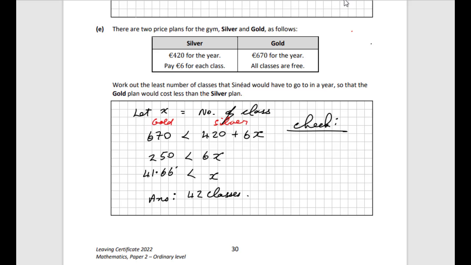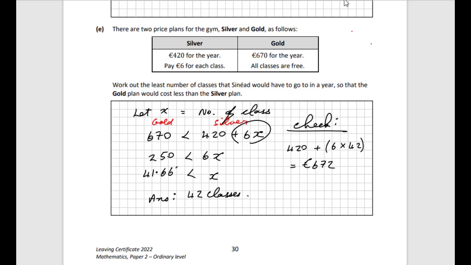Now let's just check that out. So let's say she attends 42 classes. How much would the silver class cost? Well, it's going to cost her €420 plus €6 for every class. So it's 6 times 42. That's where we got this 6x here from. So 420 plus 6 times 42 gives you €672.